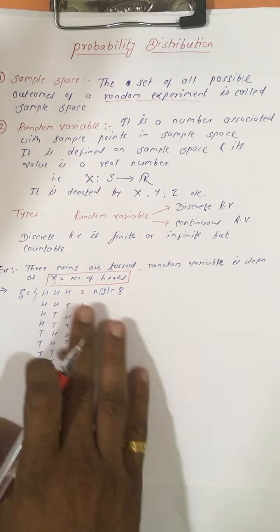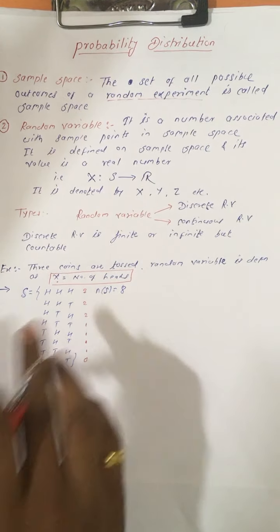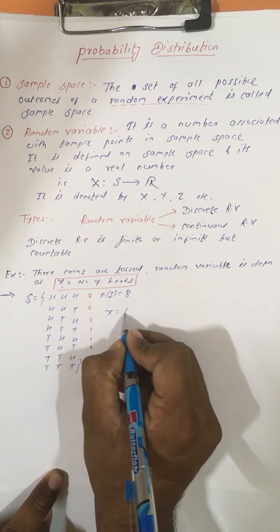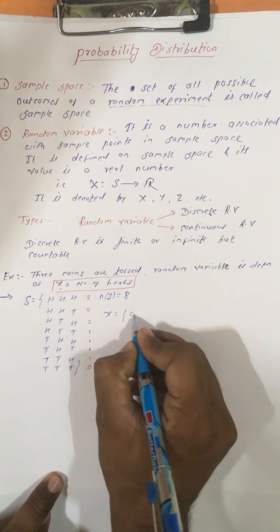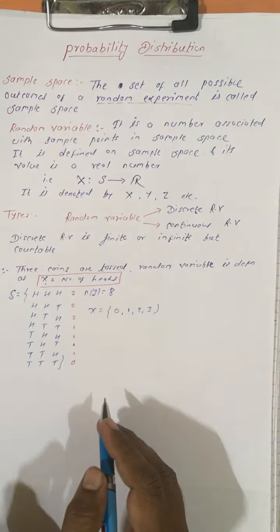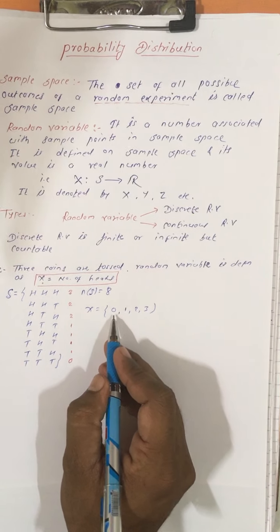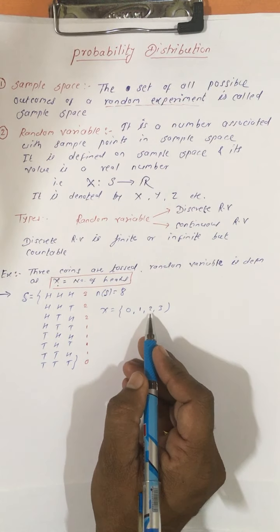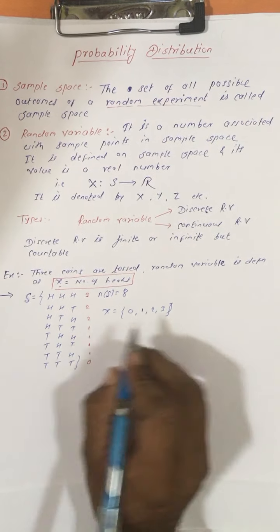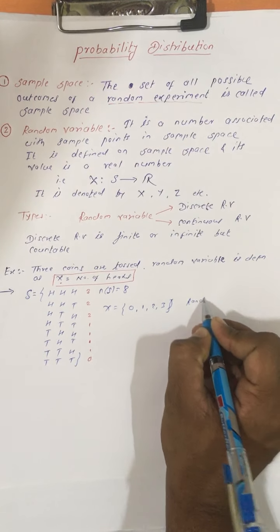We see that the number of heads is from 0 to 3. That is, the set of values of X is 0, 1, 2, 3. That is, we get 0 heads or 1 head or 2 heads or 3 heads. This is our random variable.